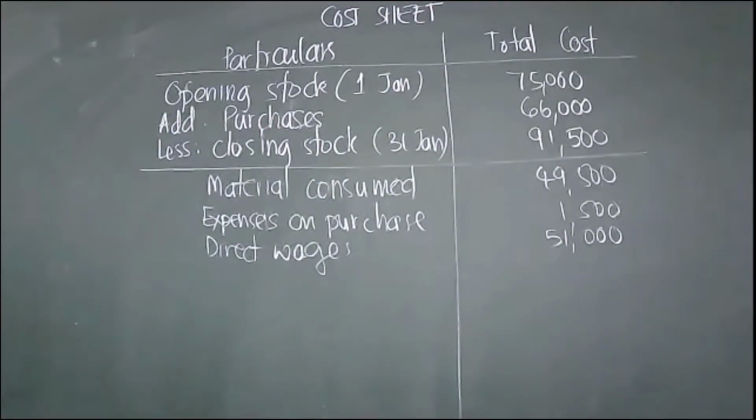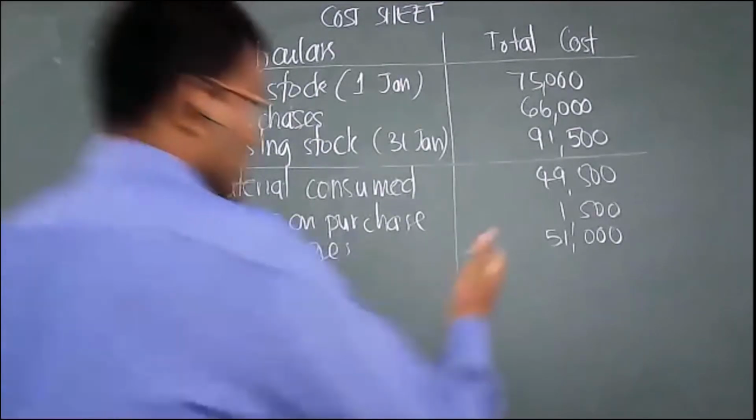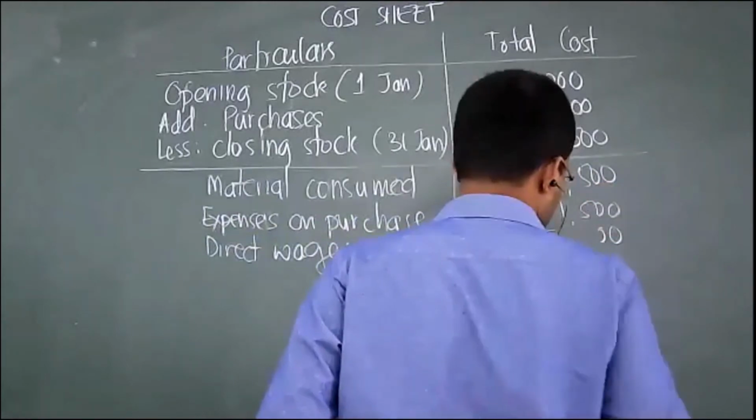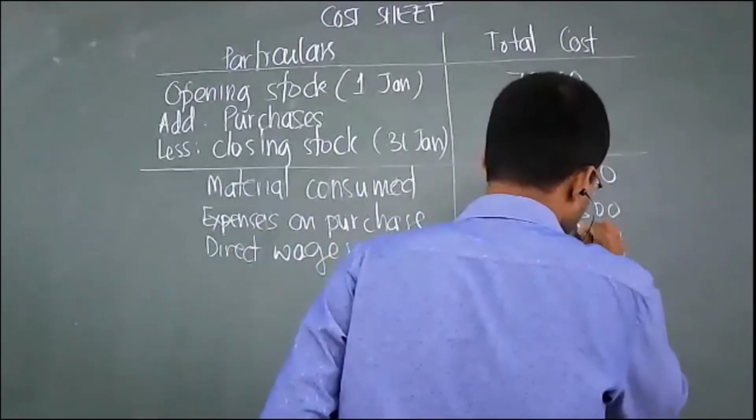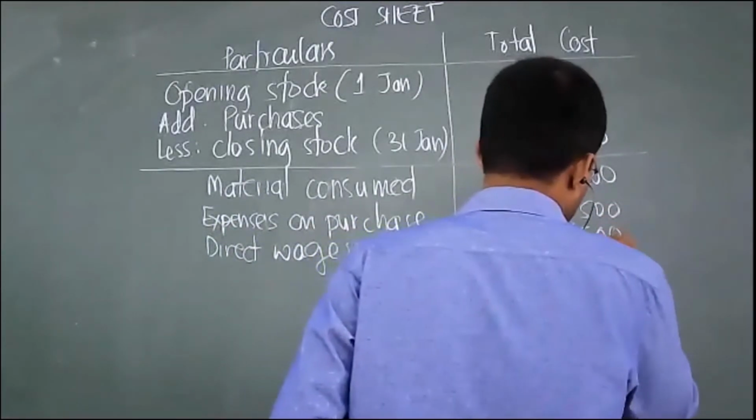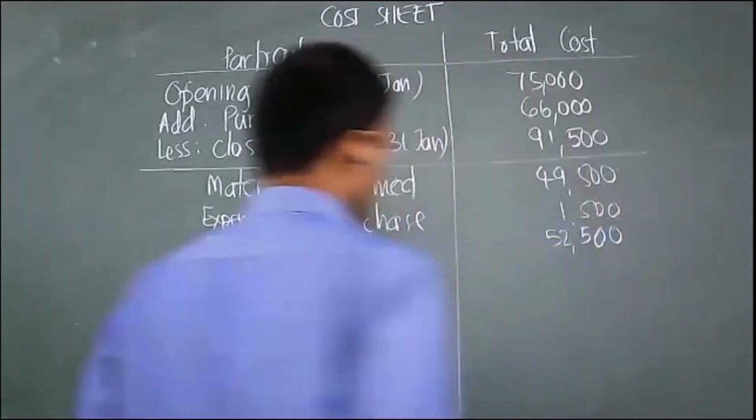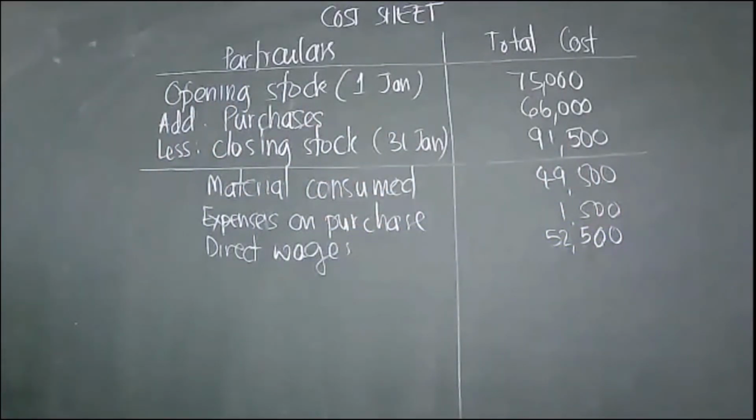So we have material consumed, expenses on purchase, and then we have the direct wages. I made a small mistake with the direct wages. The value that I've written here is incorrect. It should be 52,500.